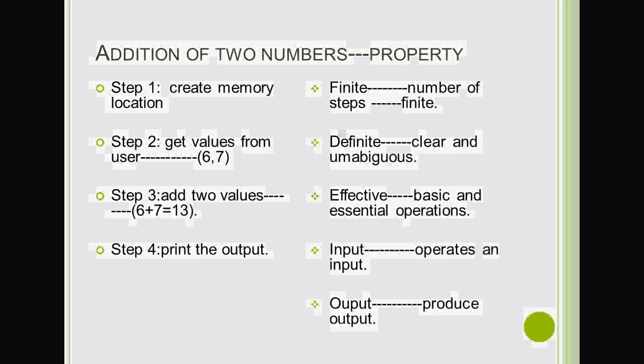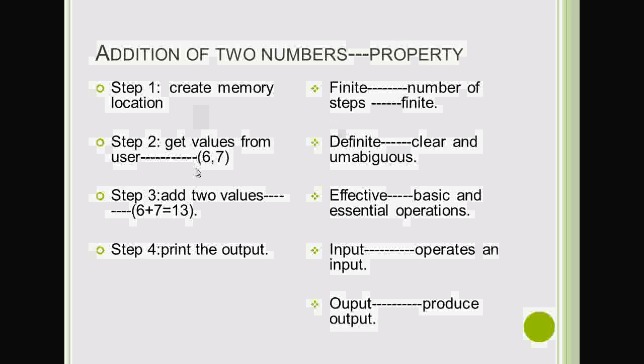Now we explain these properties using the example we have seen before. We have seen addition of two numbers. Let me check whether this algorithm has the properties of an algorithm. Here is step 1, step 2, step 3 of the algorithm.